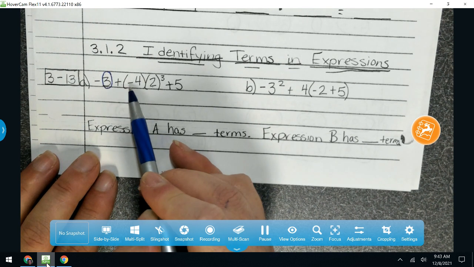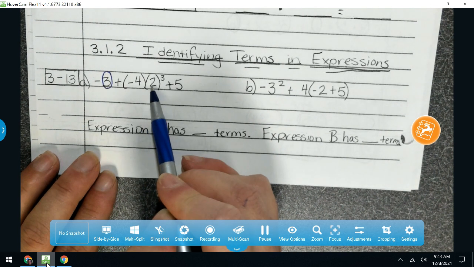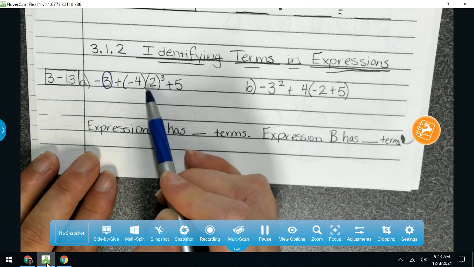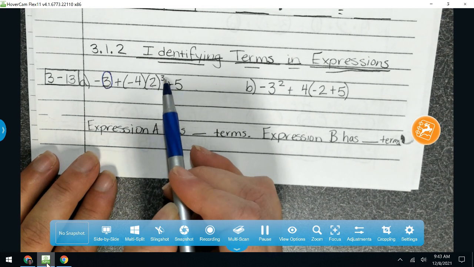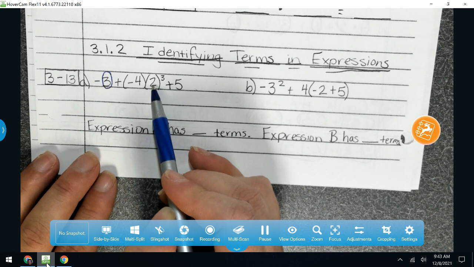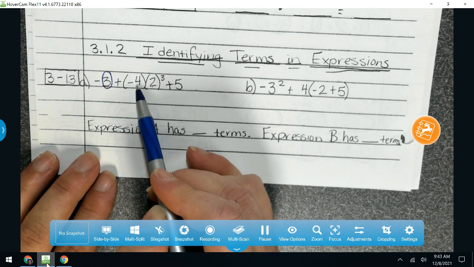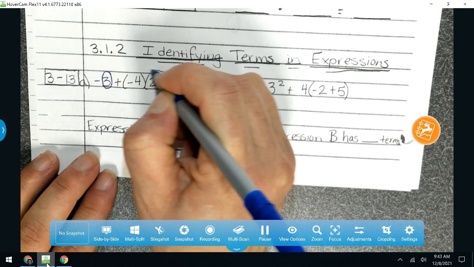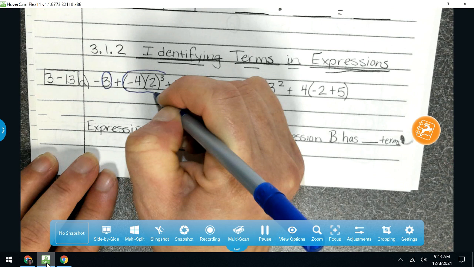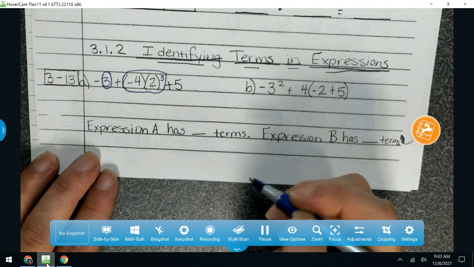But we have the opposite of 4 groups of 2 to the third power. So as a reminder, an exponent is repeated multiplication. If I was solving this or trying to simplify it, I would multiply 2 times 2 times 2 and then make 4 groups of those and then do the opposite of that. I'm not asking you to do that, but just to recognize that this whole thing right here is one term.